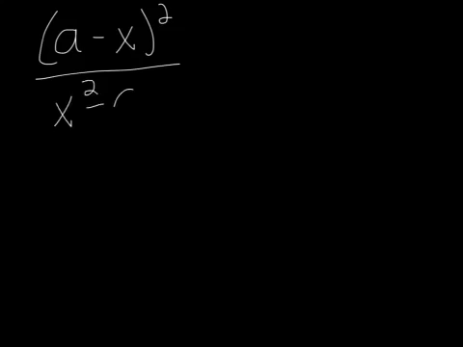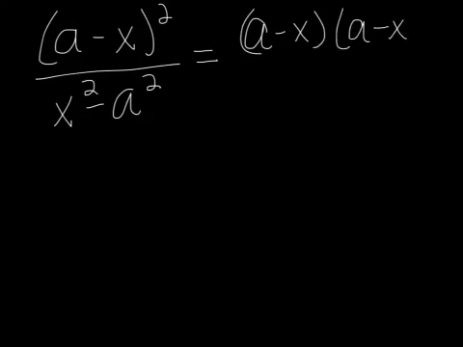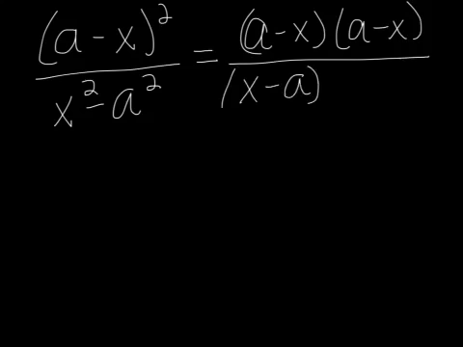Okay, next example. Remember, a minus x all squared means a minus x times a minus x. On bottom, x squared minus a squared means x minus a times x plus a.